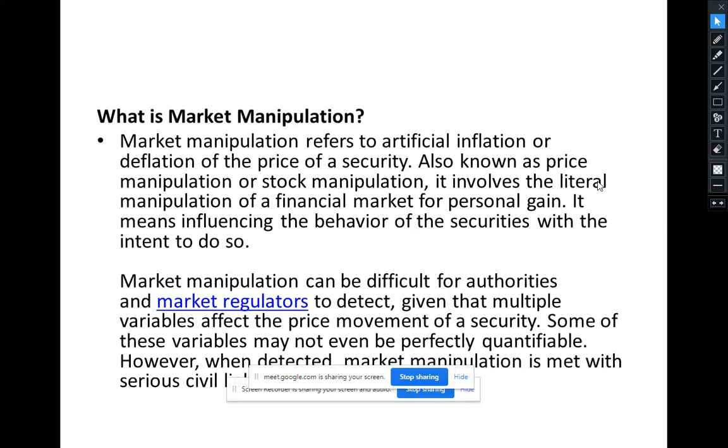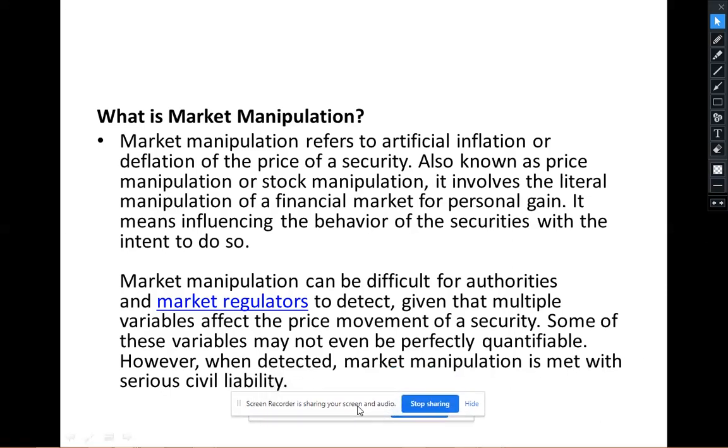Market manipulation can be difficult for authorities and market regulators to detect, given that multiple variables affect the price movement of a security. Some of these variables may not even be perfectly quantifiable. However, when detected, market manipulation is met with serious civil liability.